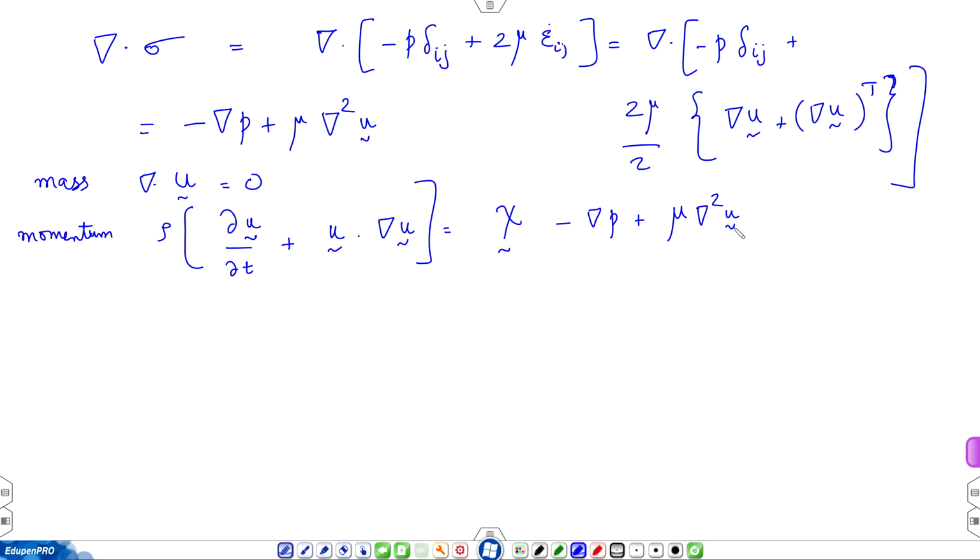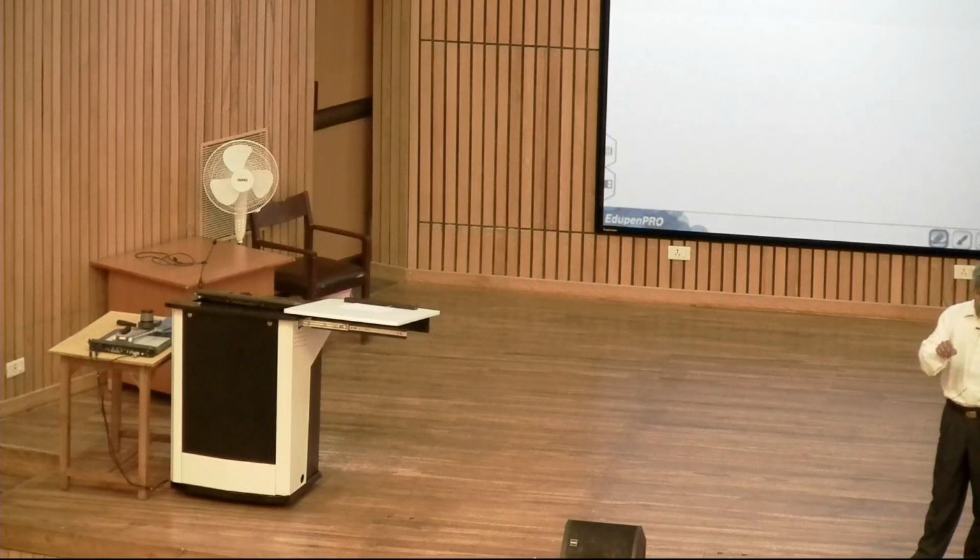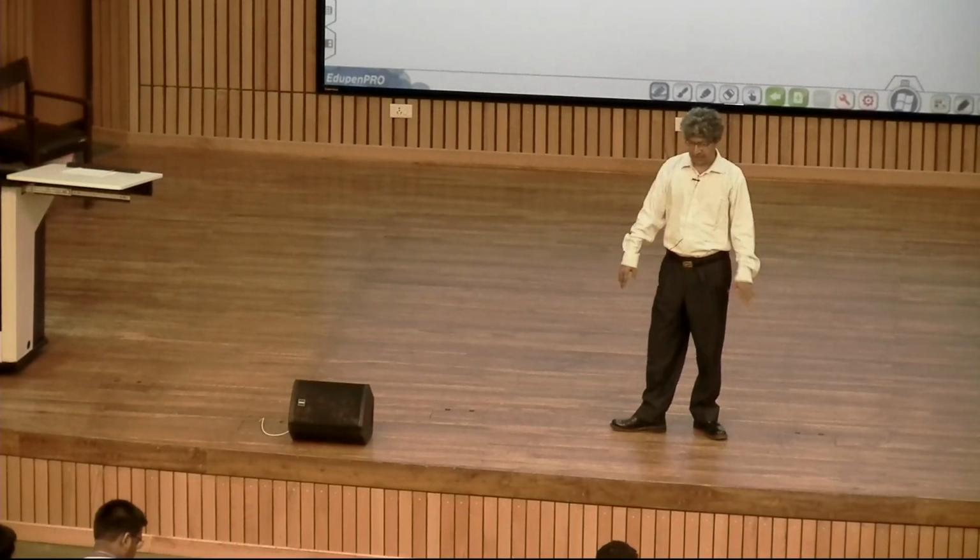So, in this form there is no sigma, you have familiar variables like velocity and pressure. So, we have expressed mass and momentum in terms of velocity and pressure. The unknowns in these two equations are velocity and pressure. The momentum equation has 3 components in 3D, so there are really 3 equations over there and 1 for mass. So, you have a system of 4 equations and there are 4 unknowns, 3 of u and 1 of p. That way the number of equations and the number of unknowns balance.